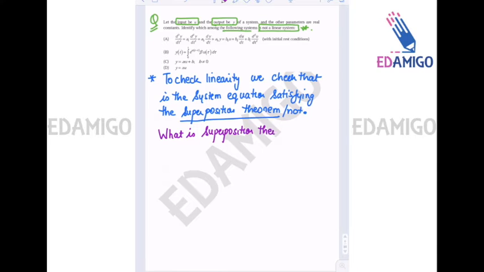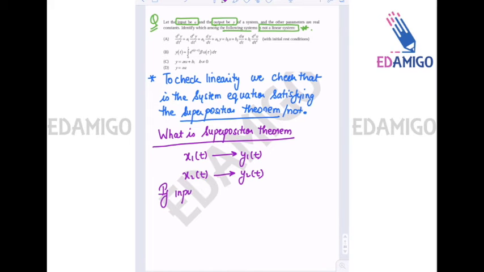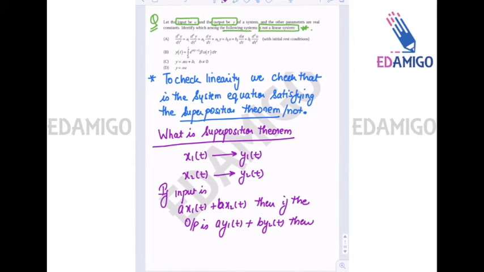The superposition theorem states that if the system has input x1(t) and output is y1(t), and the same system has input x2(t) and output is y2(t), then if the input is a x1(t) plus b x2(t), and the output is a times y1(t) plus b times y2(t), then the system follows the superposition theorem and it is a linear system.